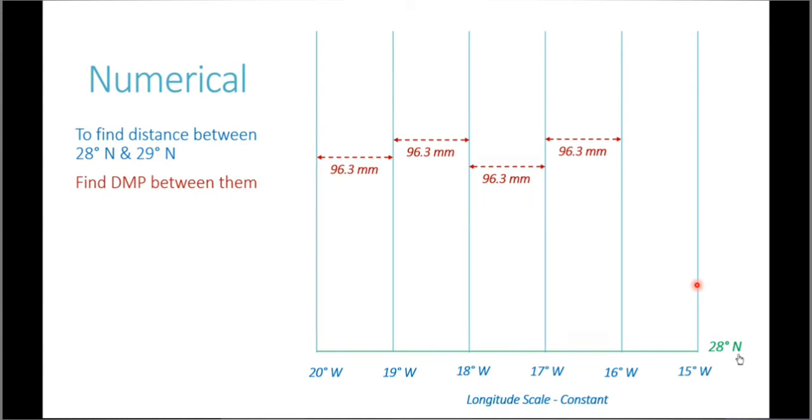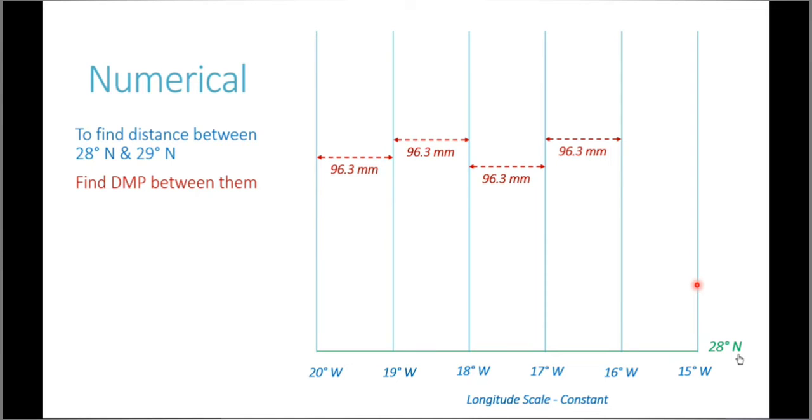The difference of meridional parts, or in short DMP, between two parallels of latitude is the number of times 1 minute of longitude can be placed between the two parallels. We had seen the definition of meridional parts. One meridional part is basically 1 minute of longitude.